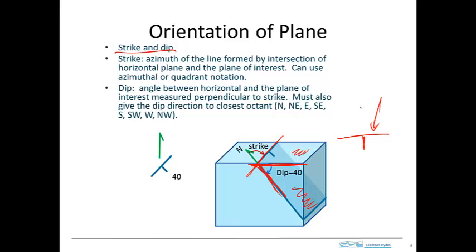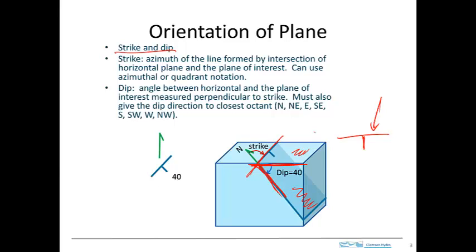So the dip direction is measured perpendicular to strike, and the dip magnitude is the angle from this horizontal surface or the horizontal plane down to the plane of interest along the dip direction.